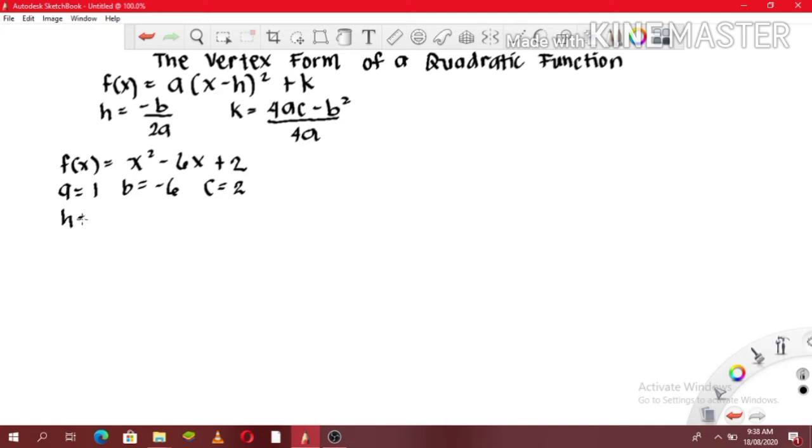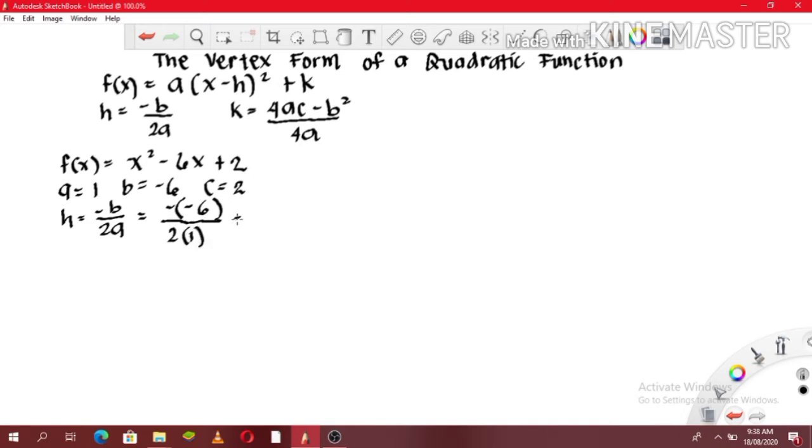Again, h is defined by the formula negative b over 2a. Substitute the values. So, we have negative times b. Ano ba ang b? That is negative 6. So, instead of writing b, we will write negative 6. So, negative b is negative times negative 6 divided by 2 times a. 2a, a is 1. So, 2 times 1.